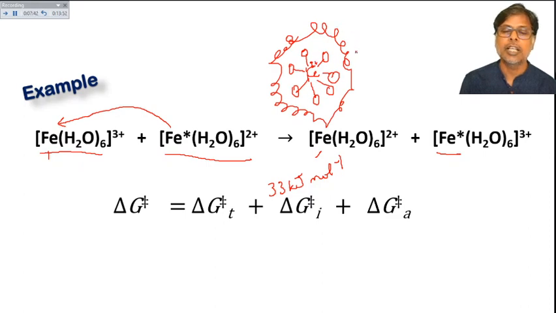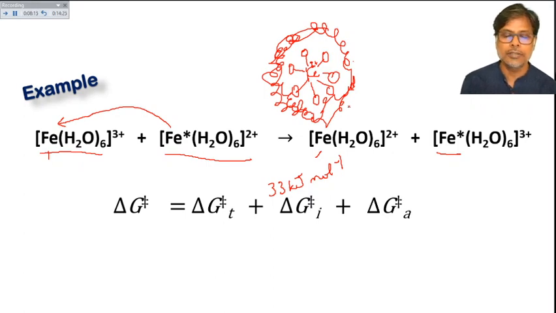So the solvent molecules, even before the electron transfer takes place, need to be rearranged so that when the bond lengths in iron 2 and iron 3 change, the environment of these solvent molecules also changes. For that you need to input some energy.